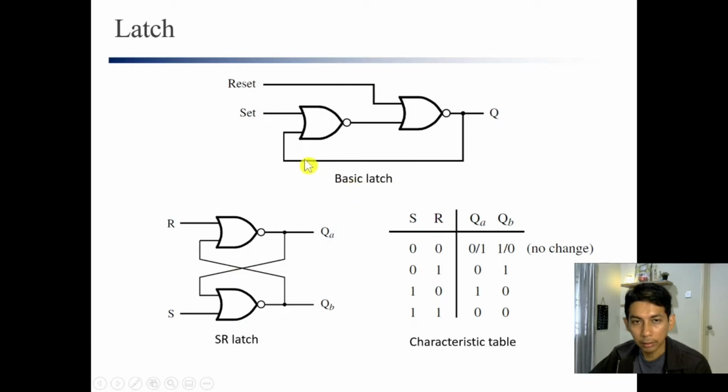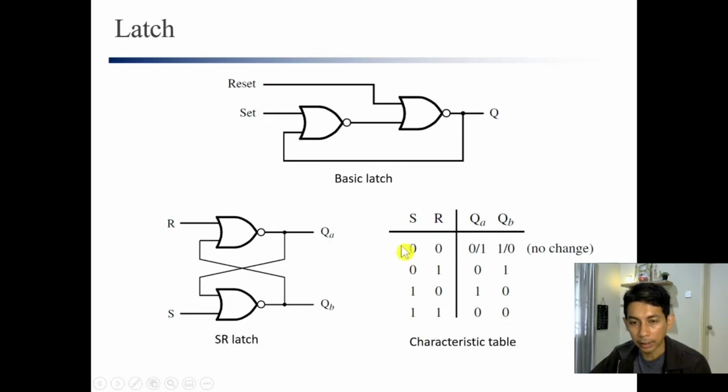We create the memory by having this signal: the output is fed back to the input. This will create memory in your circuit. So this is the SR latch, where S and R stand for set and reset.